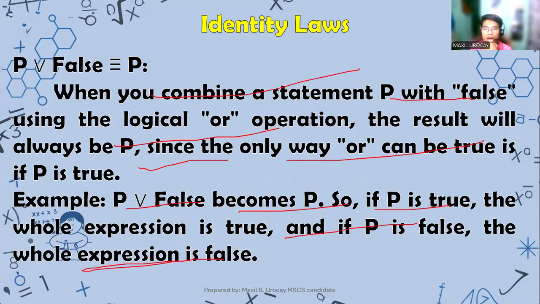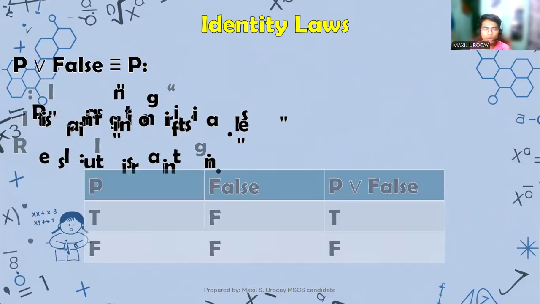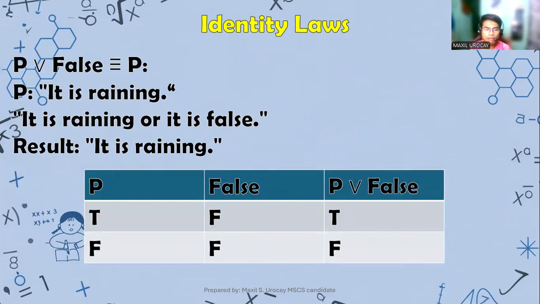That is really simple. So for example, in the truth table, we have the truth table here, P. The P is true and we have false. If the true statement, the negation of true is false, I'm sorry, my mistake.